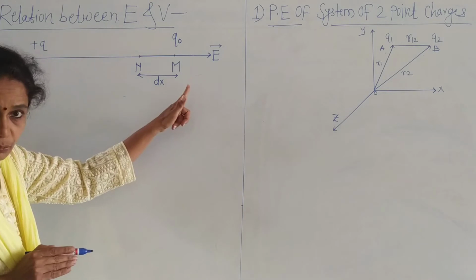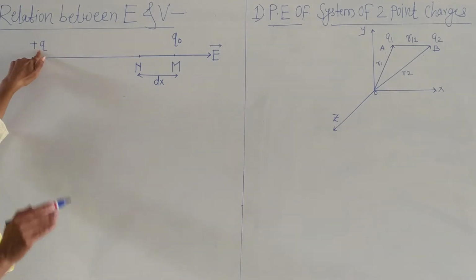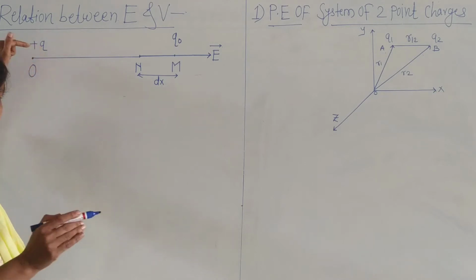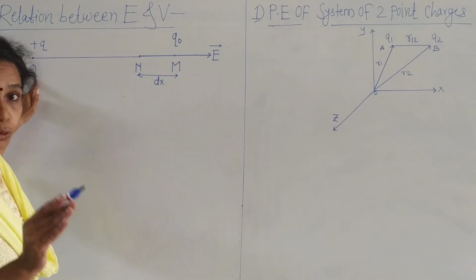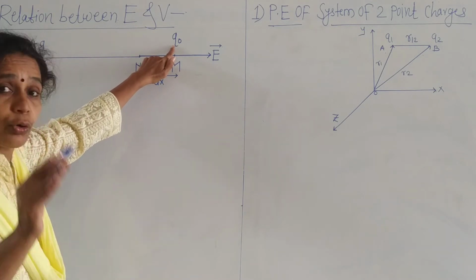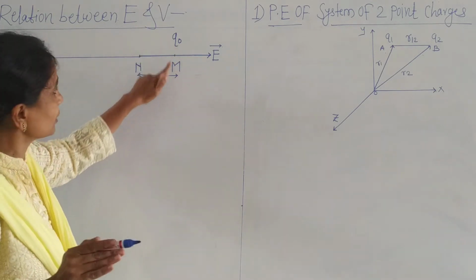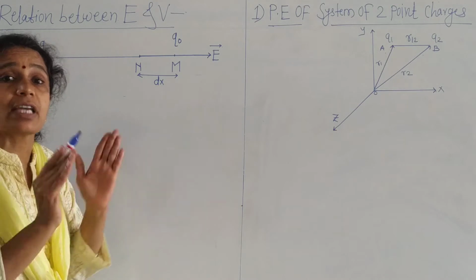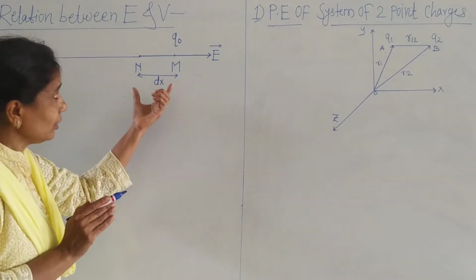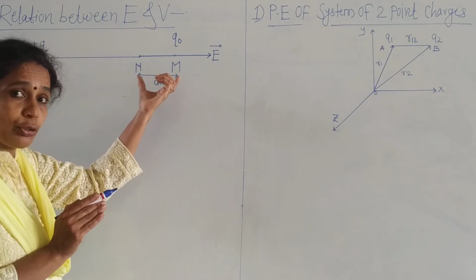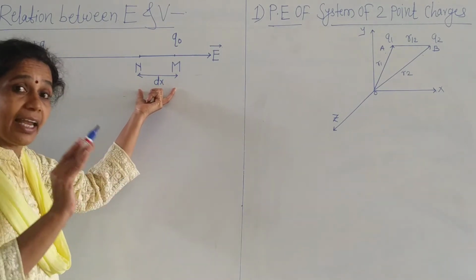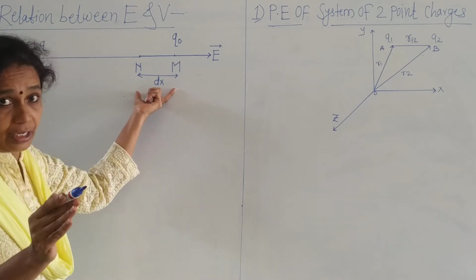Consider this figure. In this figure, what is plus Q? Plus Q is the point charge which is situated at point O, and Q0 is the unit charge which is situated first at point M. Now, when this unit positive charge is displaced through displacement dx, then work is done.